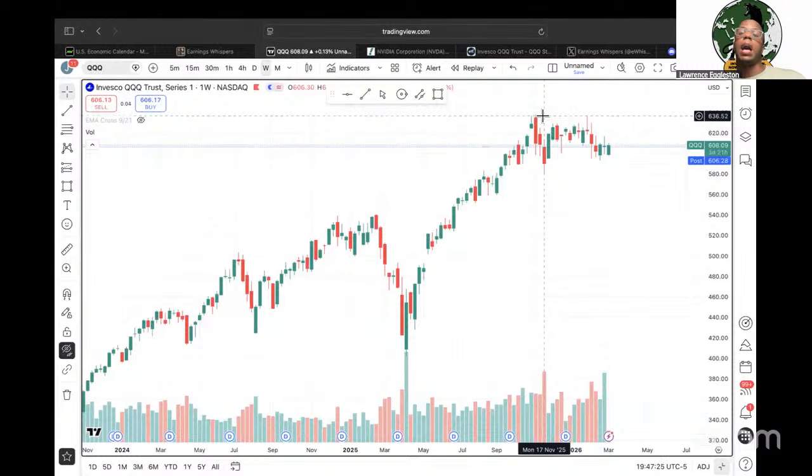What's the peak and the high? Take 637 and multiply it by 10%. That's going to give you about $64. You take 637 and subtract $64, and you come out with 573.